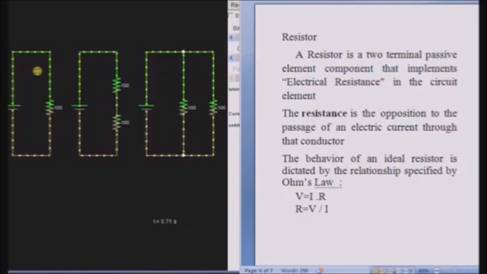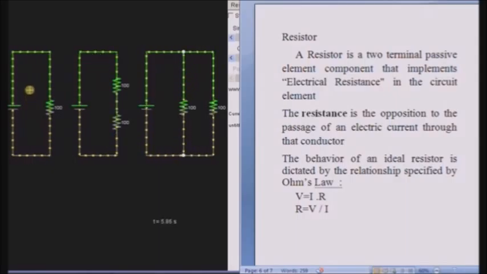In the first circuit, we have connected one resistor and a voltage source, and the current flowing through this circuit is 50 milliamps. That can be calculated from Ohm's law, where I equals V by R. Here the voltage is 5 volts and the resistance is 100 ohms.